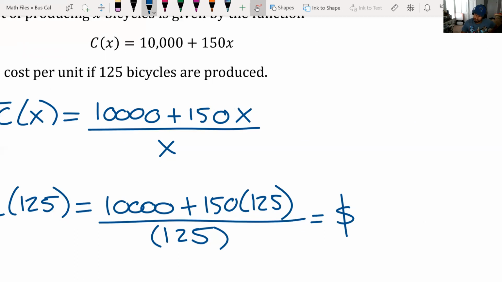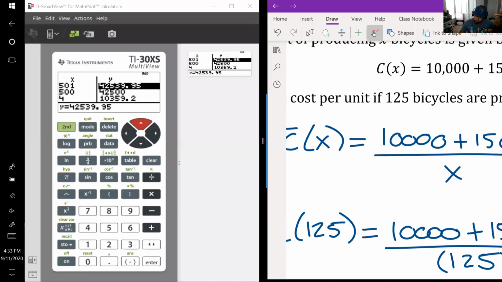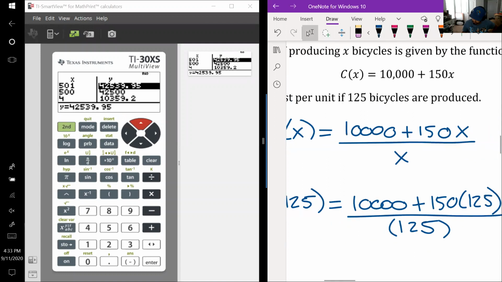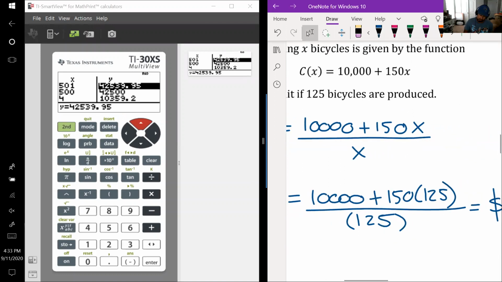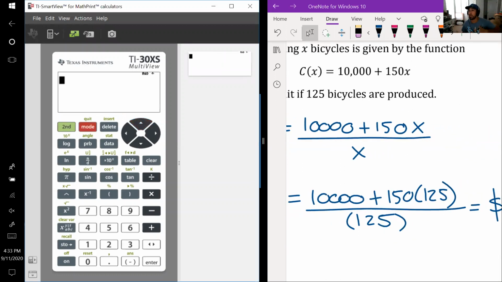And I guess calculator time, right? Just to show you. The way I wrote it there is the exact way I'm going to type it in. Fraction button, 10,000 plus 150 times 125 over 125.